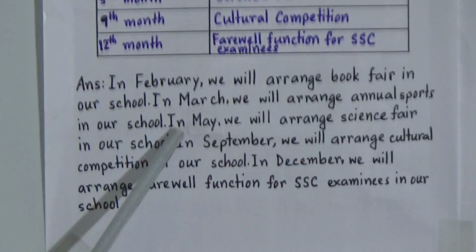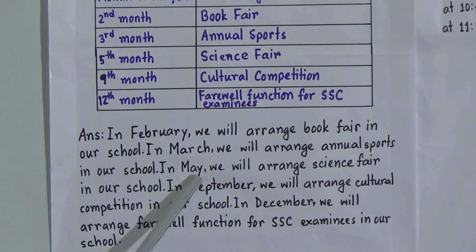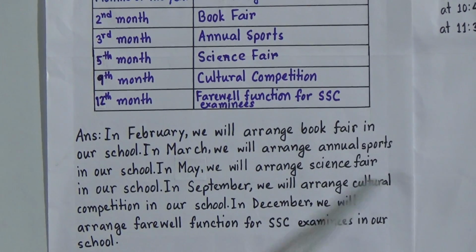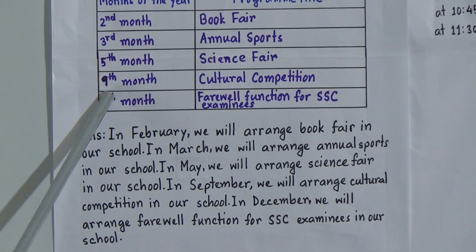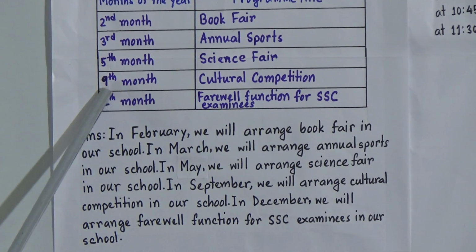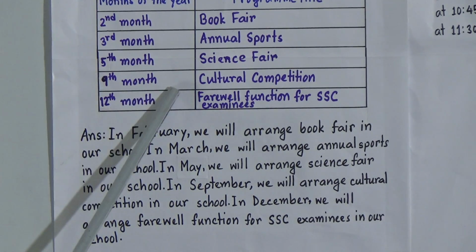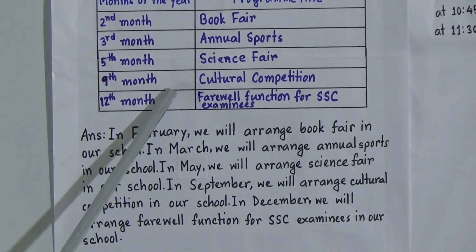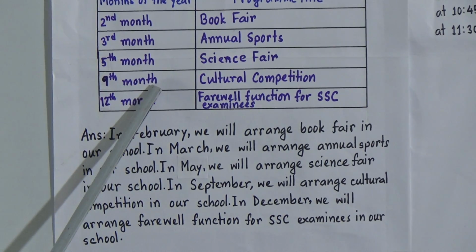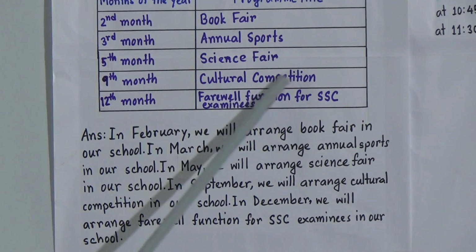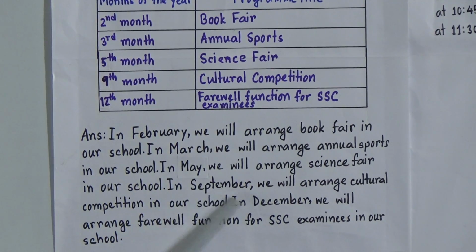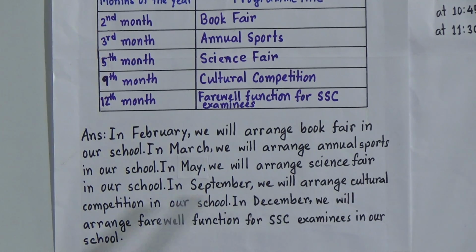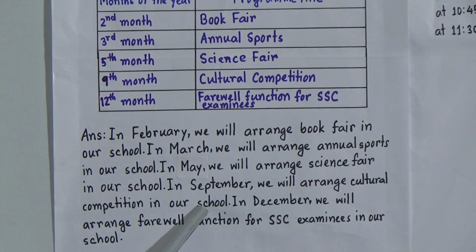So our third sentence, in May we will arrange science fair in our school. Now the 4th row, the 9th month of the year is September, and there will be cultural competition. So our 4th sentence, in September we will arrange cultural competition in our school.